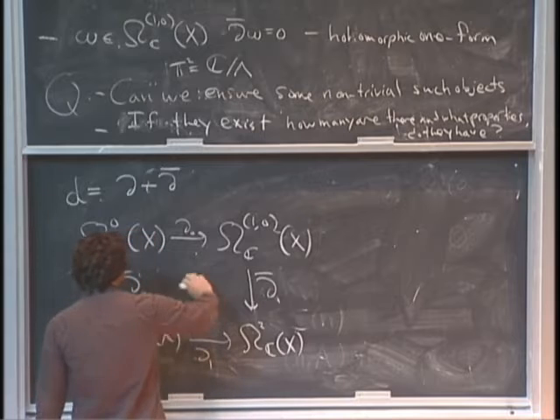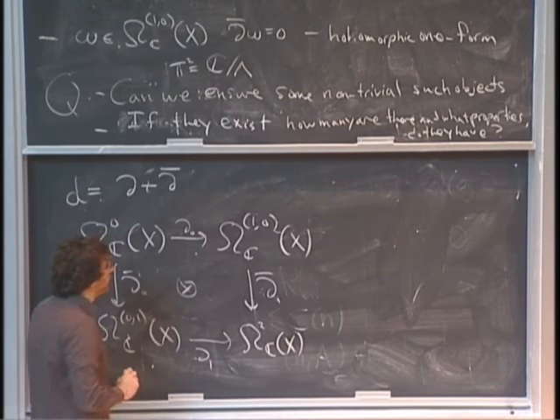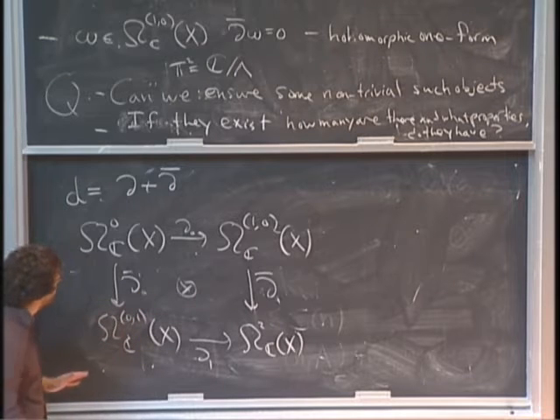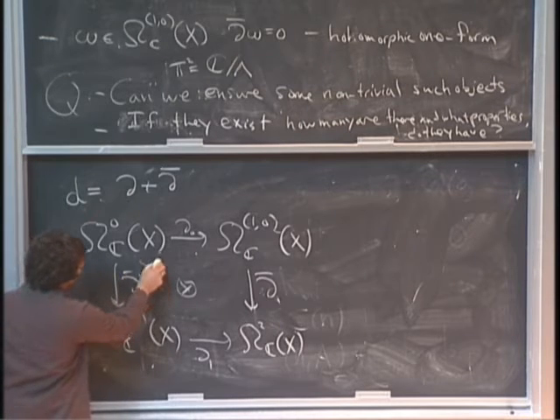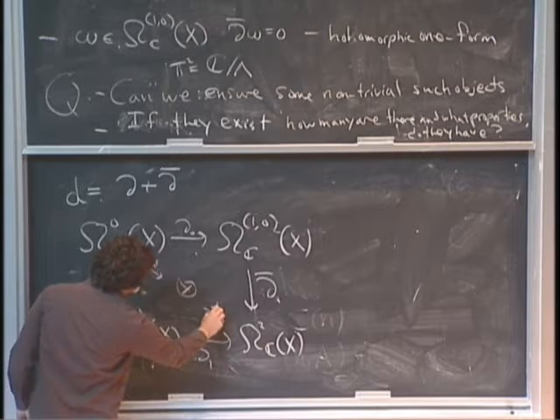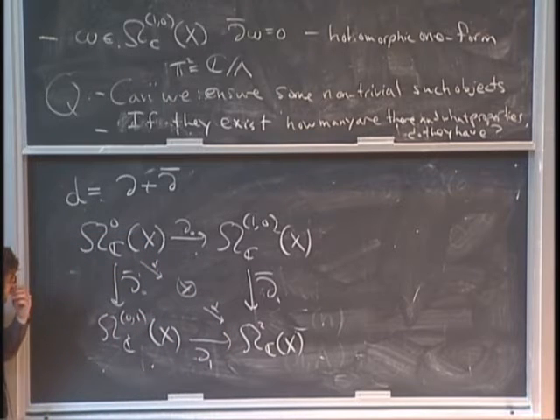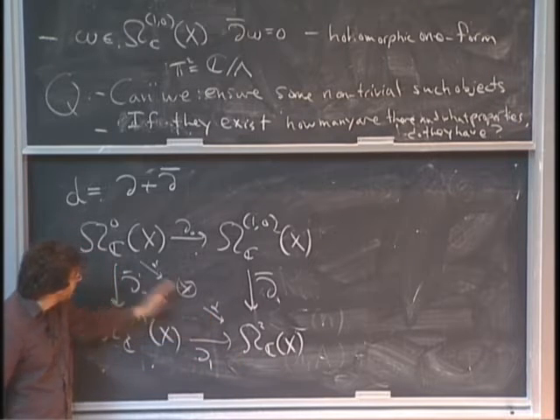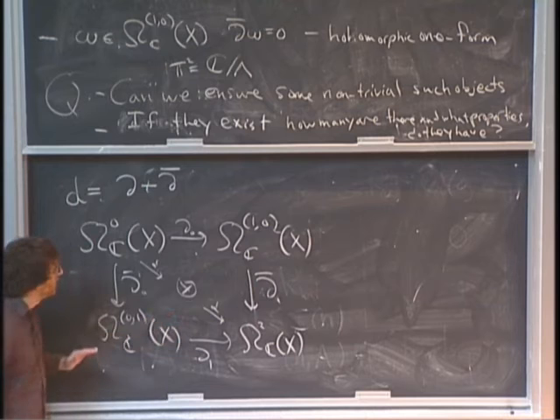These two are a decomposition of the complex valued one forms, and we had a map d here and a map d here. The de Rham cohomology, say the first group, is exactly the quotient of the kernel of this map by the image of this map.